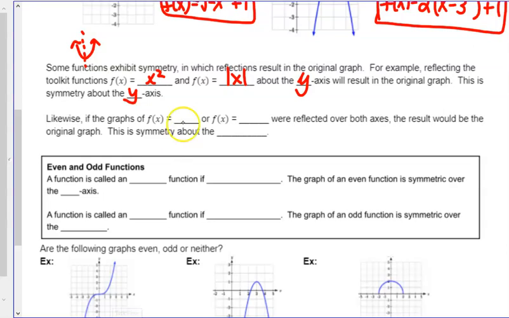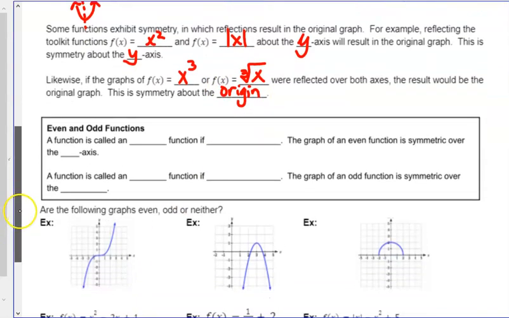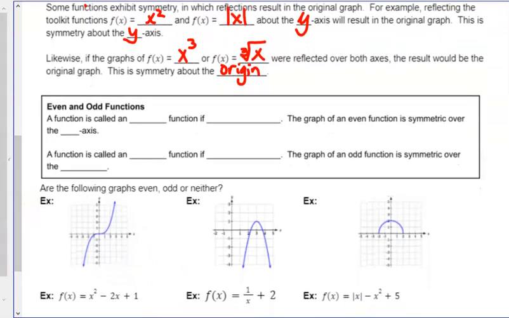Now, likewise, if we look at our graphs x cubed and the cube root of x, if they were reflected over both axes, the graph would be the original as a result. Now, this is what we call a symmetry over the origin. So if we flip over the x, flip over the y, we get back the original.